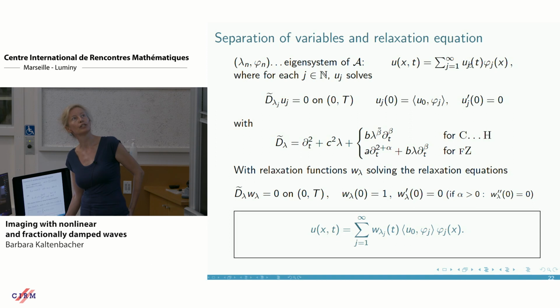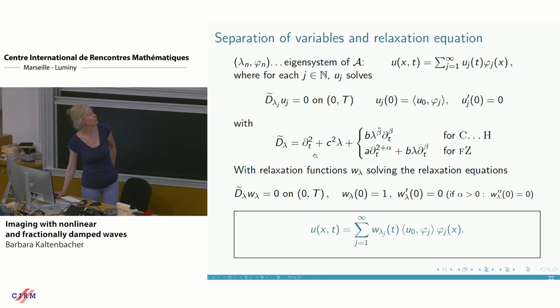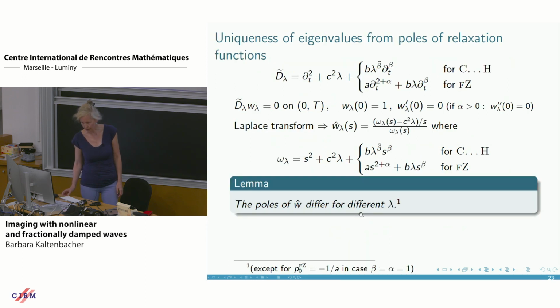So that's this separation of variables that we are using here. And actually, as soon as we have done that, we are left with a system of ODEs. So this allows us to reduce the whole problem to a system of ODEs, with these lambdas, so to say, replacing the operator A. And then this can be solved in the Laplace domain, leading to the Laplace transformed relaxation functions.